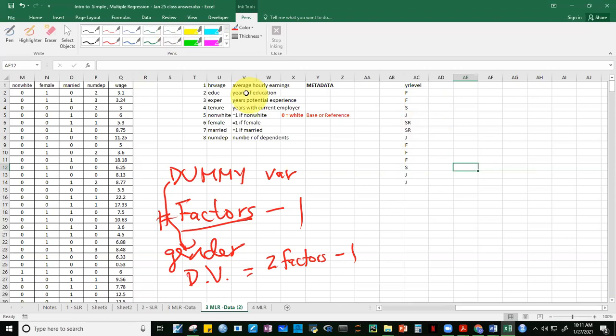Anyone? So sabi natin, pag qualitative na factor, pwede natin gamitin sa regression yan. But we have to introduce a dummy variable. Now question, ilang dummy variables ang introduce natin?